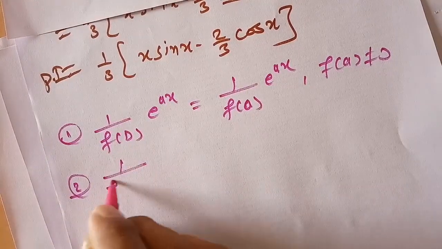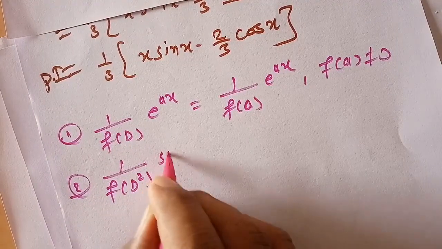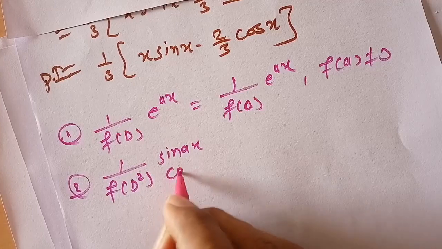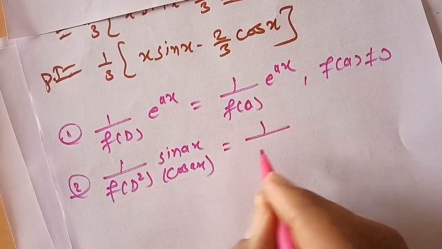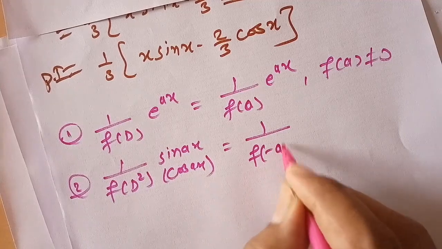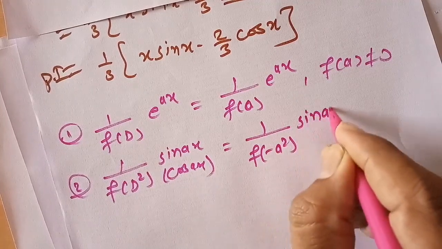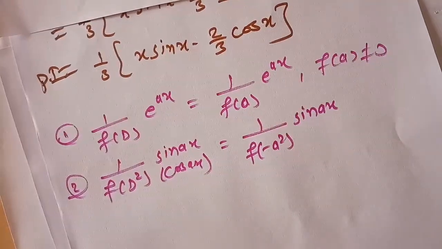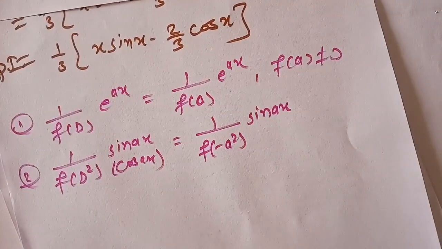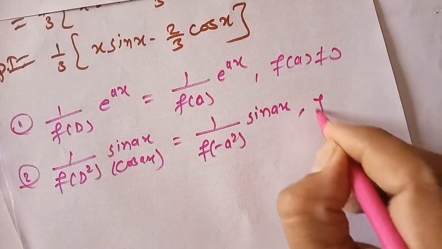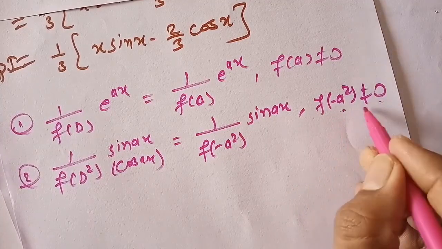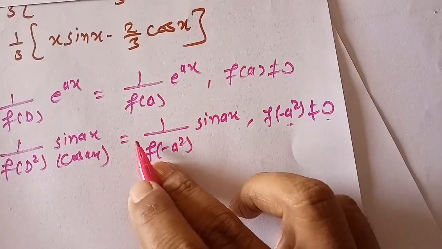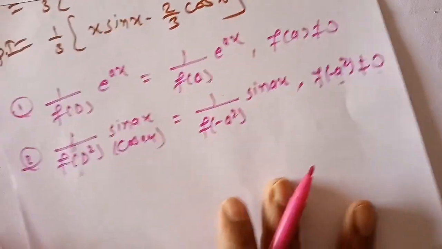Second, 1 upon f(D²) into sin(ax) or cos(ax). In this way, our formula is f(−a²) into sin(ax) or cos(ax). Again, if the case fails, that is f(−a²) is equal to 0, this means the case fails. Then we can write x into its derivative.